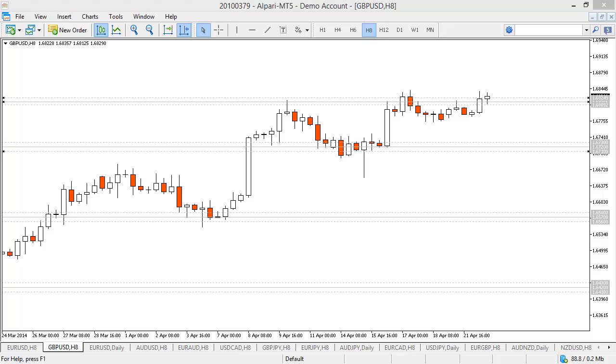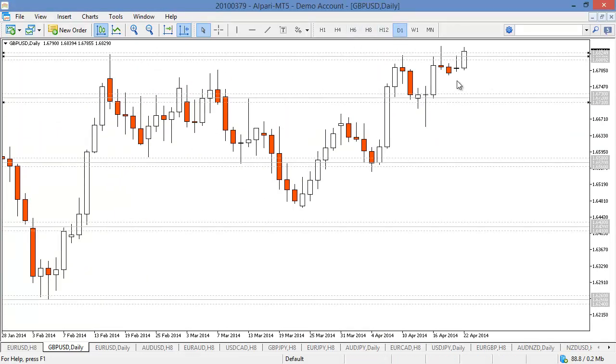The support areas are the ones below current price. First support area is the 167.20. This one here, pretty strong support area. It had a very strong bounce, in fact, here last week. So that is a pretty good support area. Let's switch to the daily real quick. Some people entered this trade long on the daily.